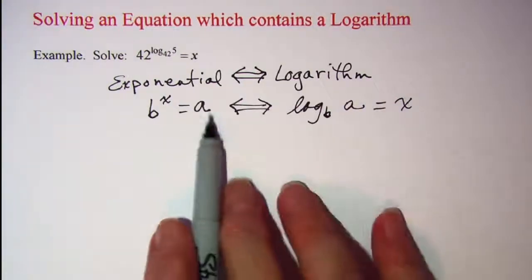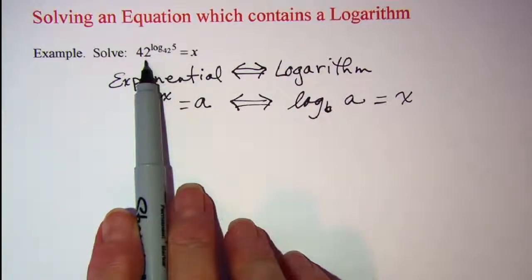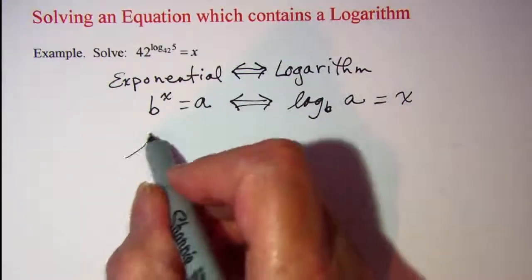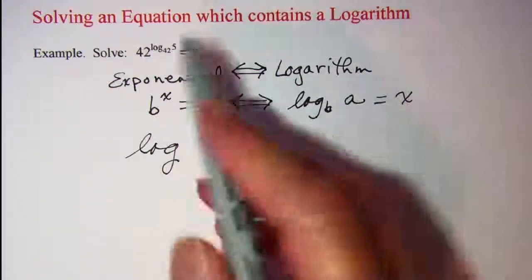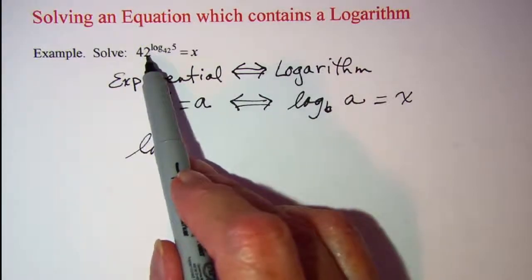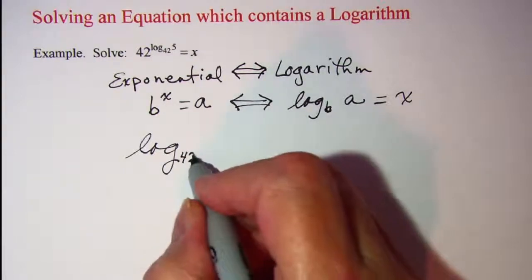So I'm going to use this rule. This is my exponential, and I'm going to change it to a logarithmic statement. So I want to write log. My base of my exponential is 42, so 42 is the base of my logarithm.